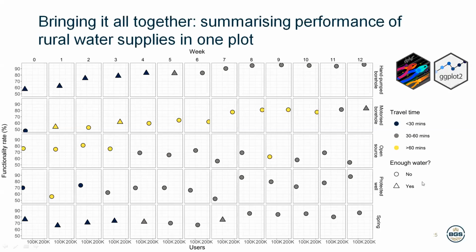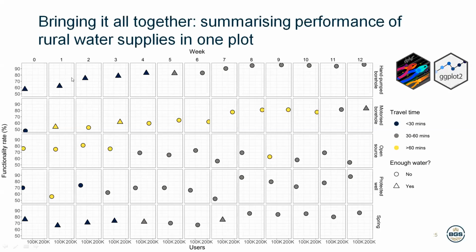So what you can see, if we take hand pump boreholes, here you can see with the shapes that the functionality of hand pump boreholes was very low to begin with, but it gradually increased during the drought due to a maintenance program that was going on, up to close to 100% by the end of the monitoring period.